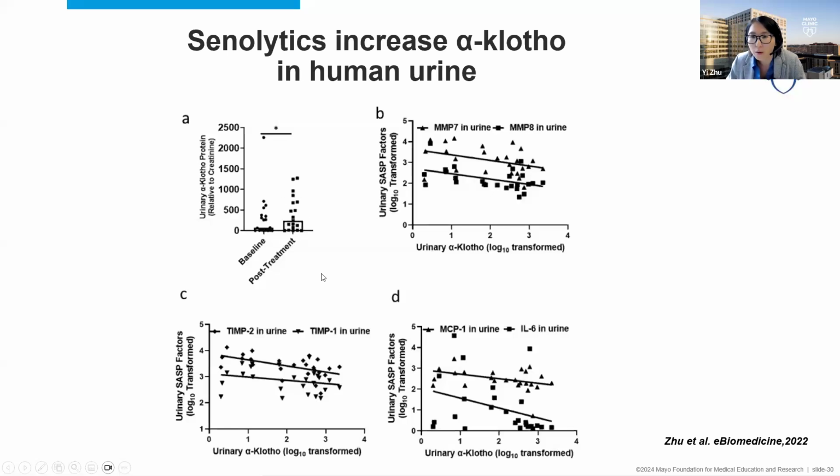Also, not surprisingly, we found that the SASP components in urine were inversely and significantly associated with alpha-klotho expression. So with these results, we are pretty much convinced that senescent cells are mechanistically linked to one of the aging pillars, alpha-klotho expression.